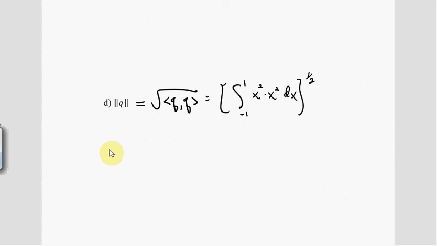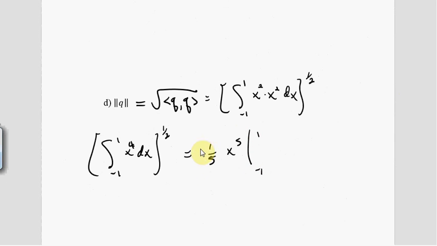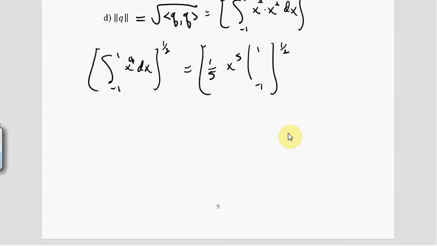So this is the integral from -1 to 1 of x to the 4th dx. One-fifth x to the 5th, evaluated from -1 to 1. So here we get 1/5 plus 1/5. It's going to be the square root of 2/5. Any questions there?